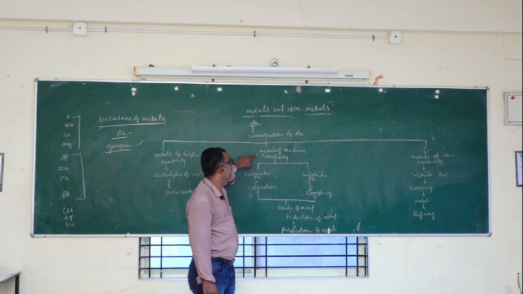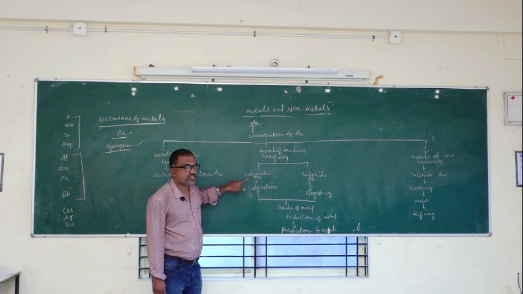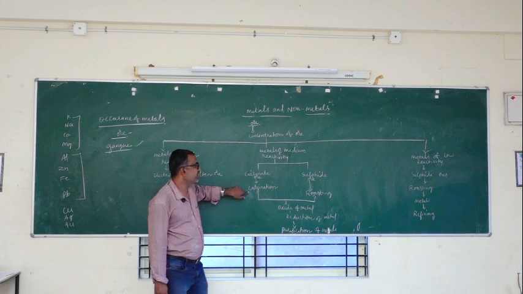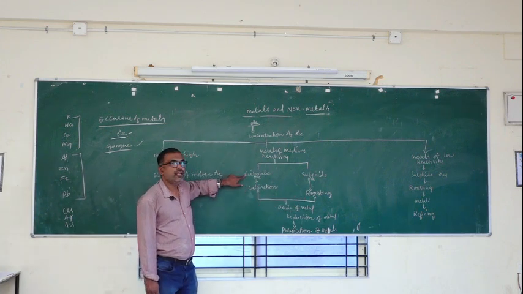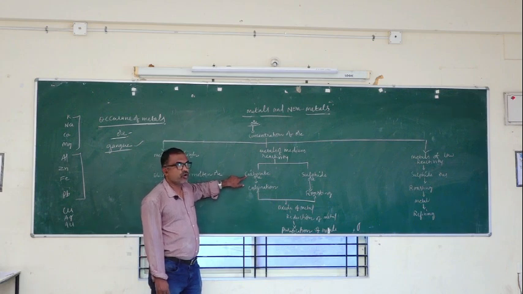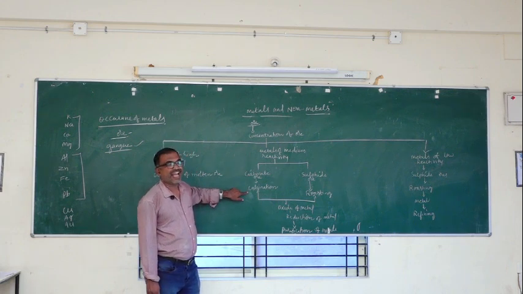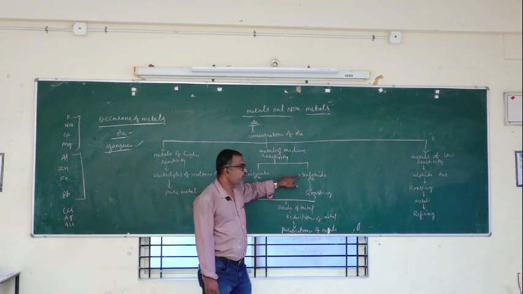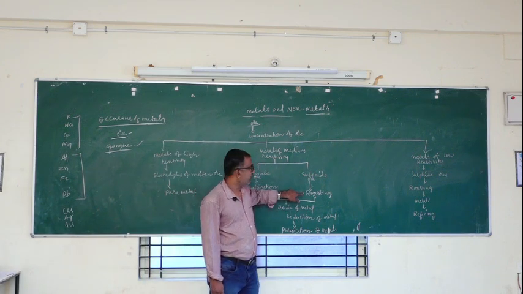Metals of middle reactivity can be extracted by a process called calcination and roasting. Calcination is used for carbonate ore; if you get a carbonate ore, we use calcination. If you get a sulfide ore, we use roasting.